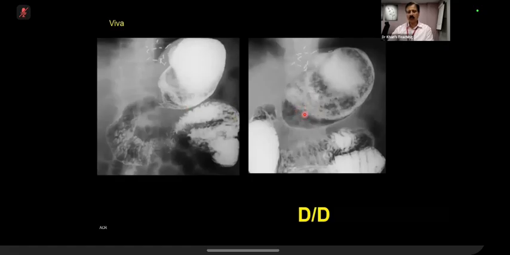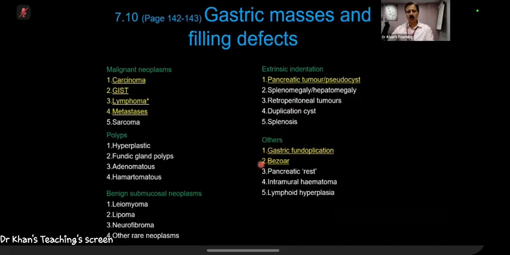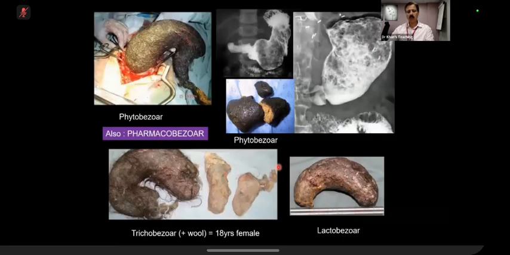It is moving inside. When you see this bizarre kind of appearance, the only thing which comes to your mind is a bezoar. What is a bezoar? Bezoars can be various types. Phytobezoar is the most common, which is because of vegetable material. And there is trichobezoar, which is because of hair, usually in young girls.